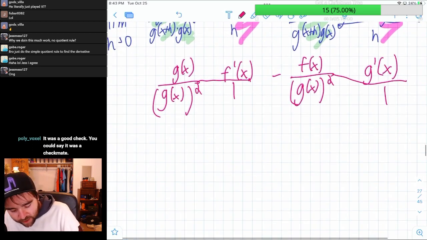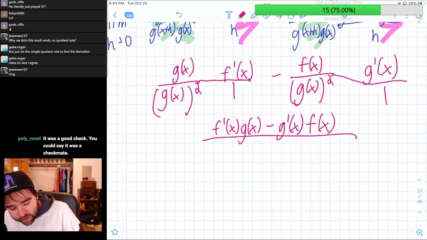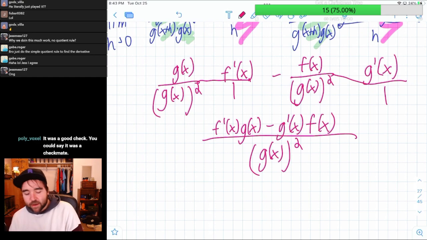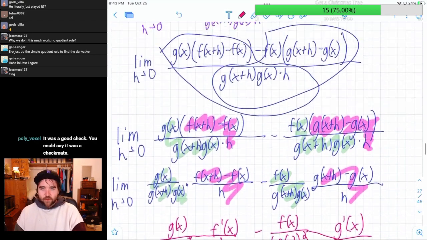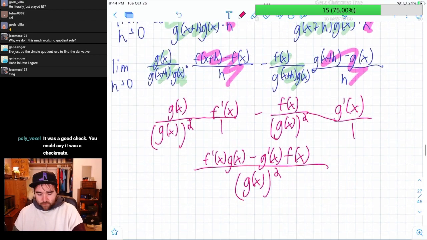So we can see what we have here is f prime of x times g of x minus g prime of x times f of x, and all of that is over g of x squared. And that is the quotient rule. That is how you take the derivative of a function divided by a function.